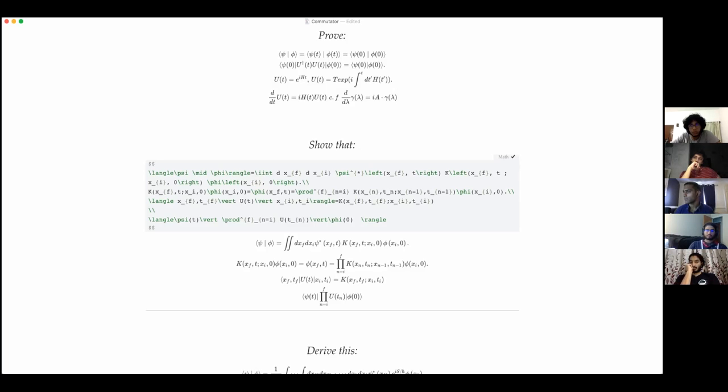So now what we can do, right? What does it mean to get this product of K's in this equation? If I wanted to break this up, well, you just need to start inserting a lot of these, because this is how you get from U to K. So you have K1, K2, K3, and so on till Kn.